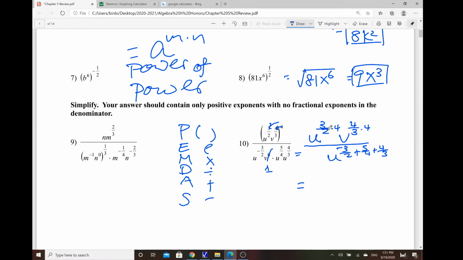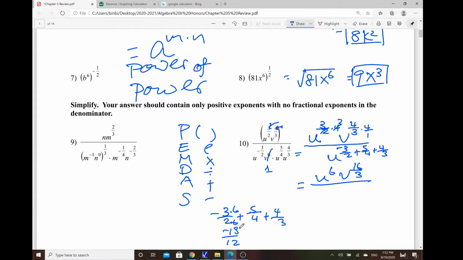So 3/2 times 4, so 2 goes into 4 twice. So it's u to the power of 6. And then this one, v, that would be considered 4/3 times 4 over 1. Multiply the fraction straight across. So we do have 16 over 3. And then over the denominator, combine those fractions together. So let's find the least common denominator of 2, 3, and 4, which is what? 12. So multiply by 6 for the first fraction.